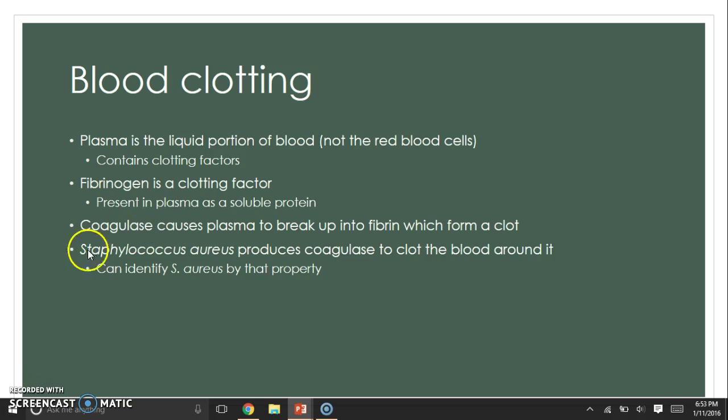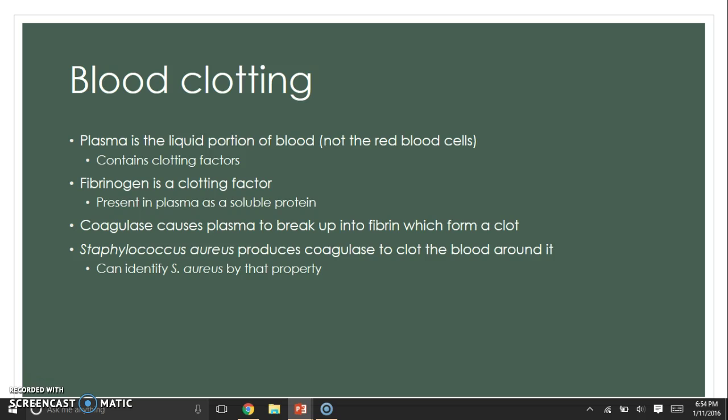What happens is you have this enzyme, coagulase, that can cut up fibrinogen and produce fibrin from that fibrinogen. The fibrin will then interact with each other, and that interaction causes a net of proteins and blood cells and all this other stuff, and that net forms a clot.